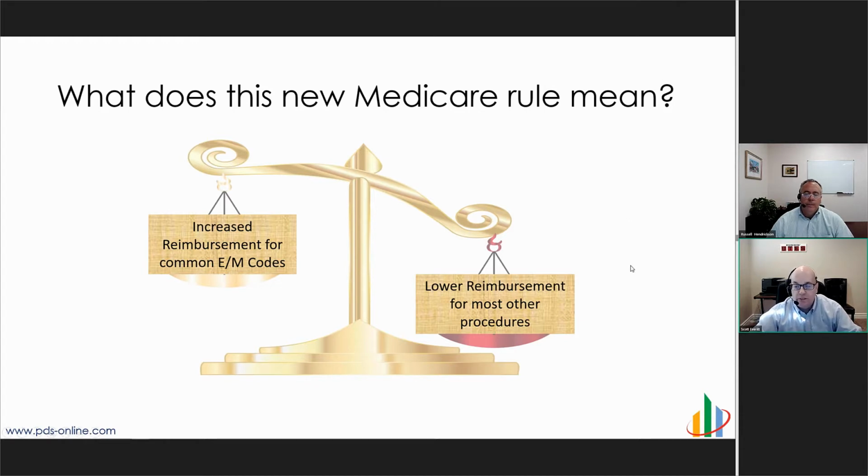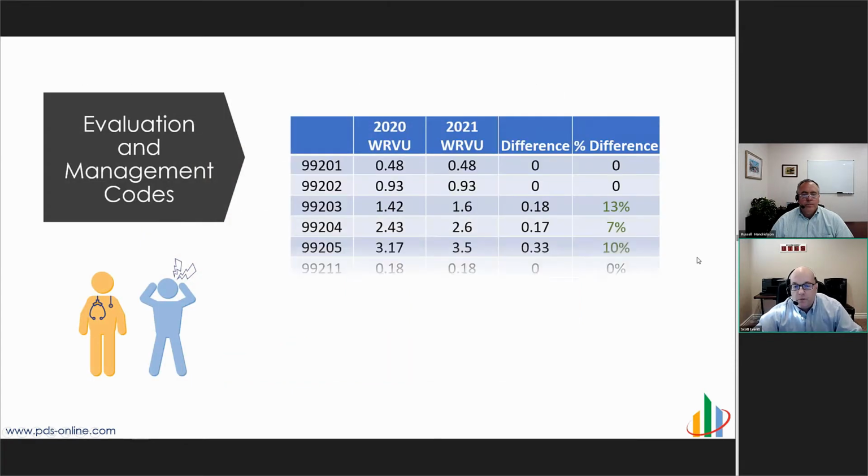They change RVU values here and there for certain things. And actually, while we're talking about E&M codes, it's not really all E&M codes that are going to be increased. It's really mostly just the highest volume ones, the new patient office visit and the established patient office visits, that are getting the big bump in the RVU changes. So really, like I said, let's go in and we'll take a look.